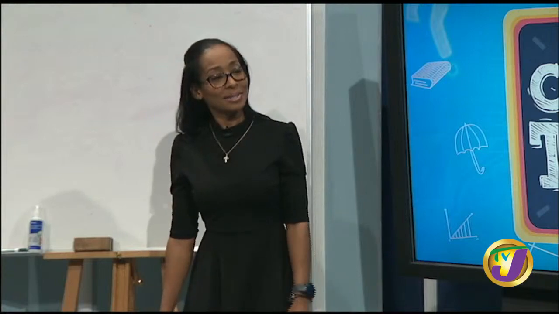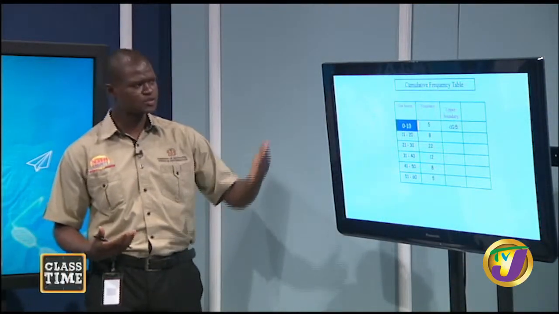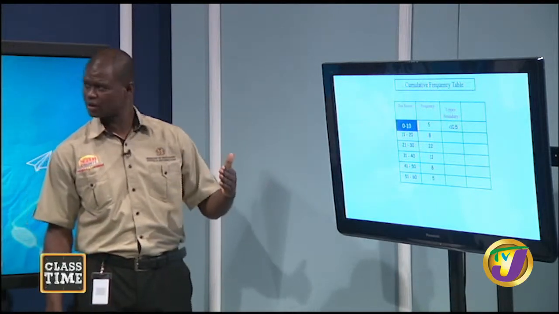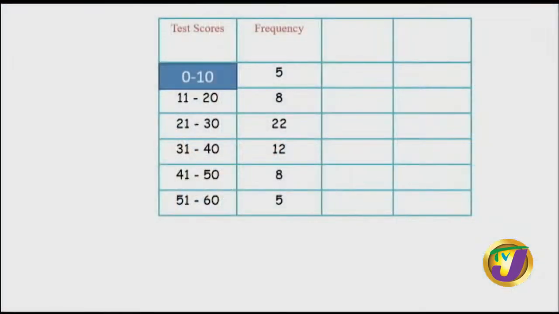So we have to account for those students, and this is where the upper boundary comes in handy. For the first class, your upper boundary would be less than 10.5. So all the students who get a score of less than 10.5 would be accounted for there.